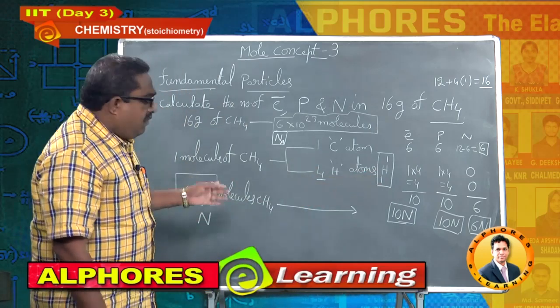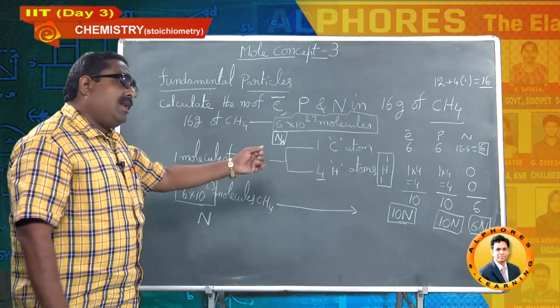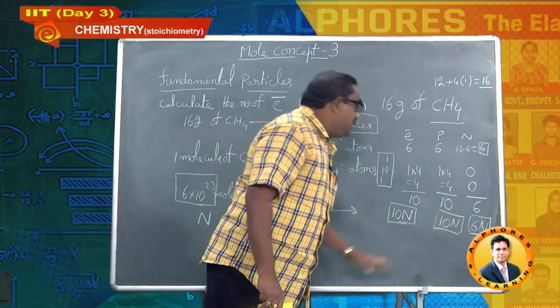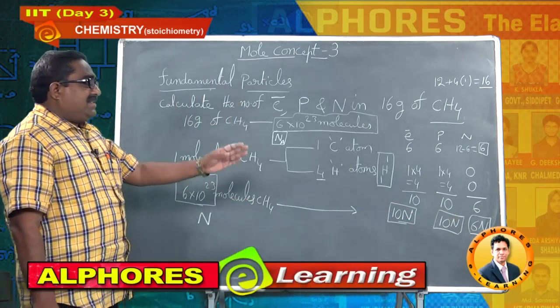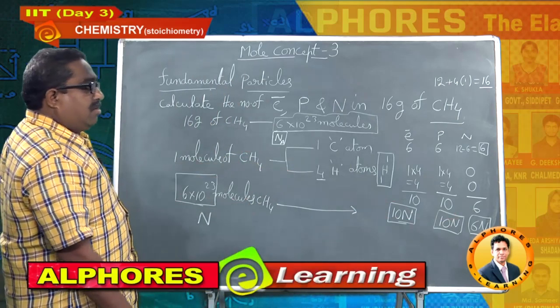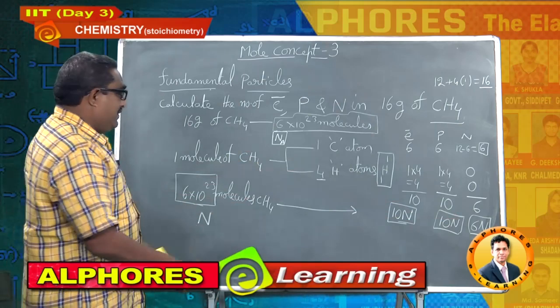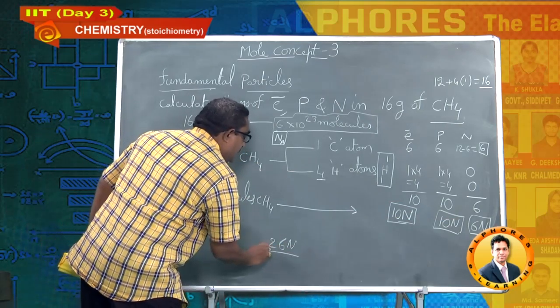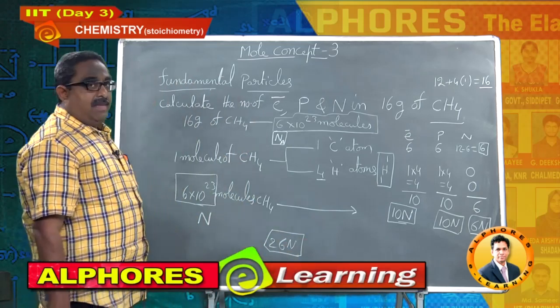Suppose if anybody asks you to calculate the total number of fundamental particles, you should add all these 3: 10 plus 10 plus 6, total 26 N. So, 26 N is the answer for the total number of fundamental particles.